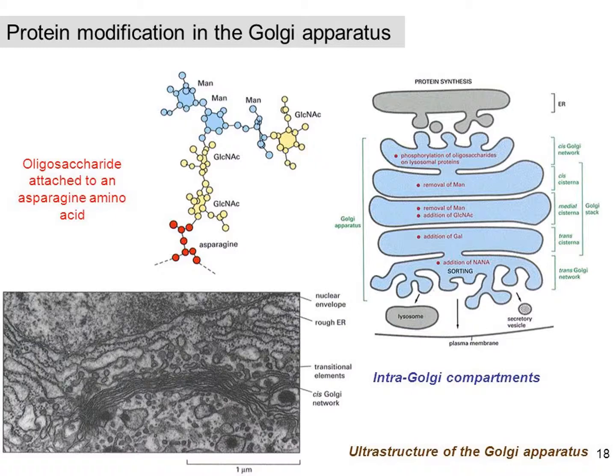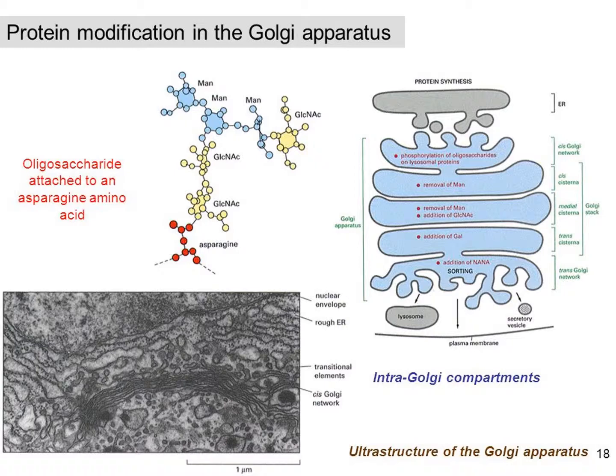Here's the stacks of the Golgi. And so once a protein is made in the ER, here's the ER, and it's transferred to the Golgi stacks, what happens in the cis is we start seeing some phosphorylations that can occur. More mannoses are taken off in the medial. So removal of mannose in the cis, removal of more mannose in the medial.